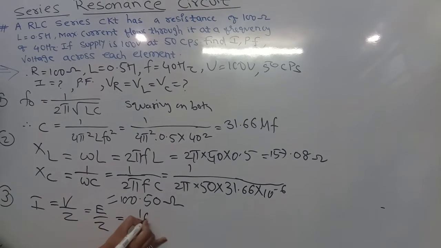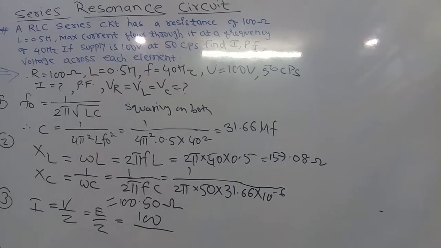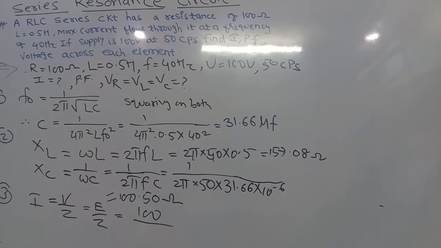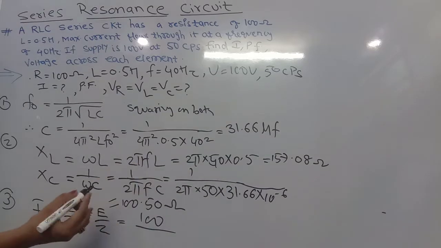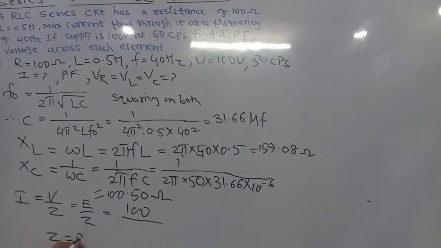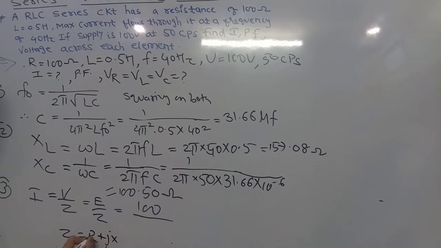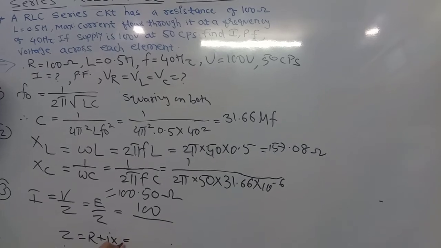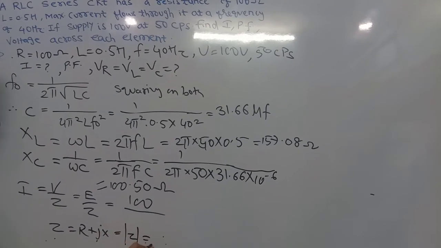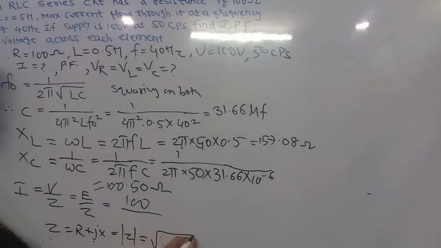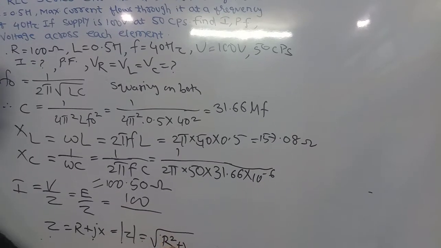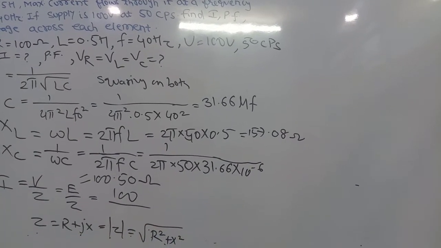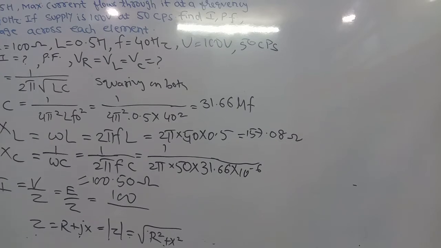What is my E? That is 100, as mentioned. And what is Z? We know very well that in impedances Z can be written as R plus jX. But if you want to take the magnitude, then mod Z will be equal to the root of the first term square plus the second term square, that is R square and X square. Here X is XL and XC.